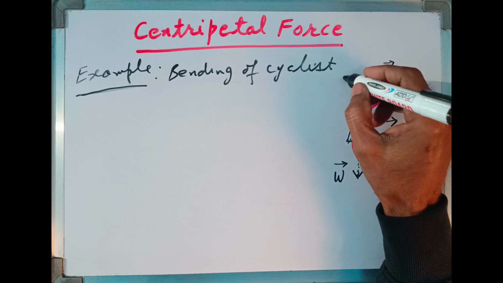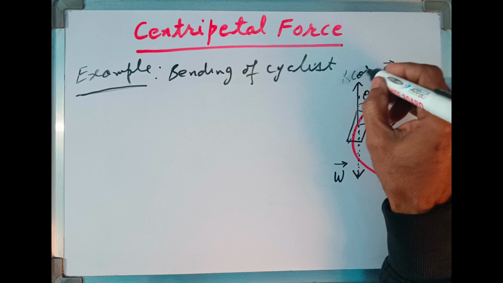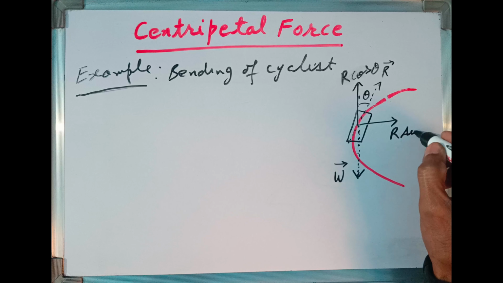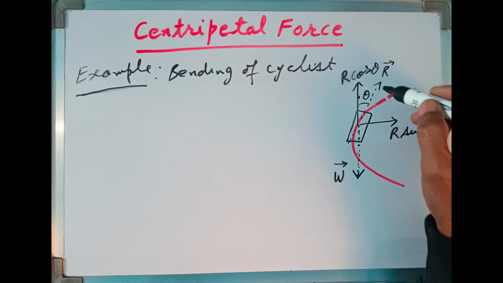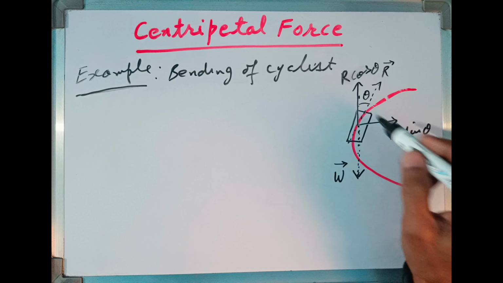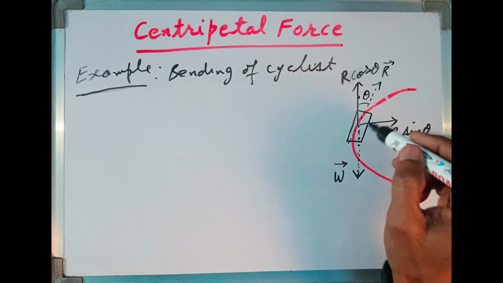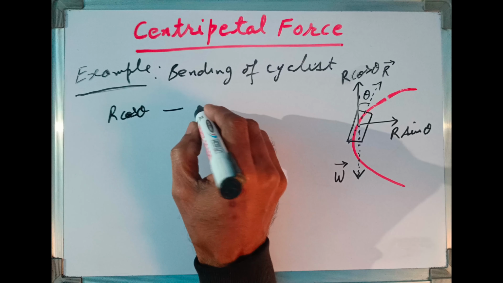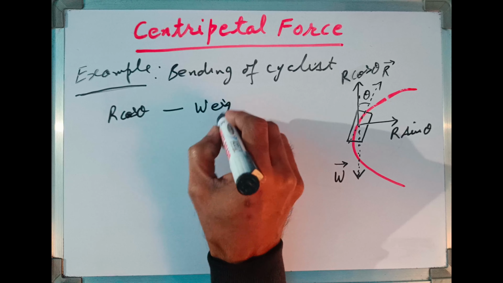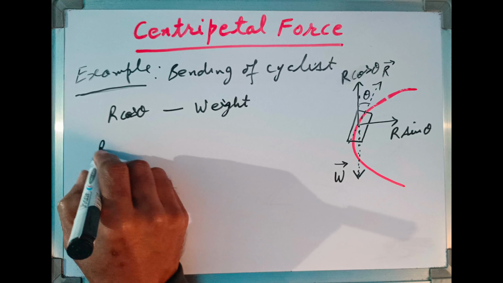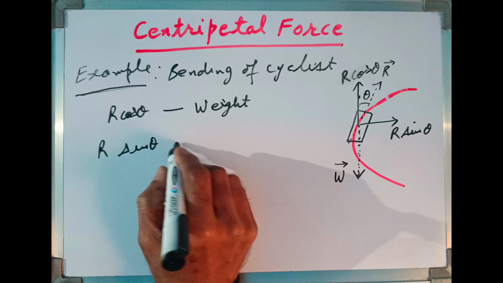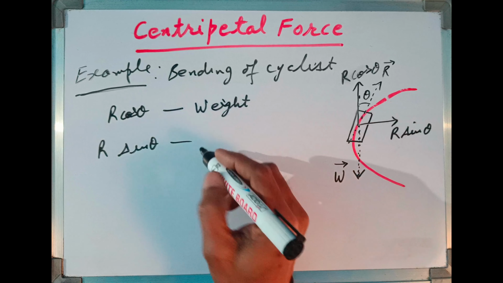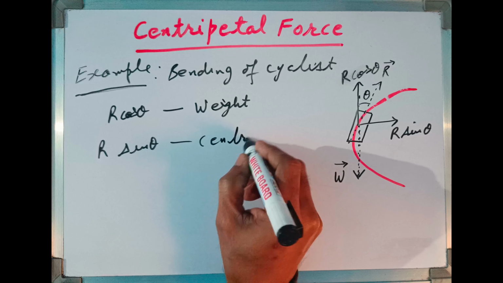The vertical component will be R cos theta and the horizontal component will be R sin theta. So the normal reaction gets resolved into two rectangular components. This vertical component R cos theta will balance the weight of the body, and the R sin theta component is left, and this component provides the required centripetal force.